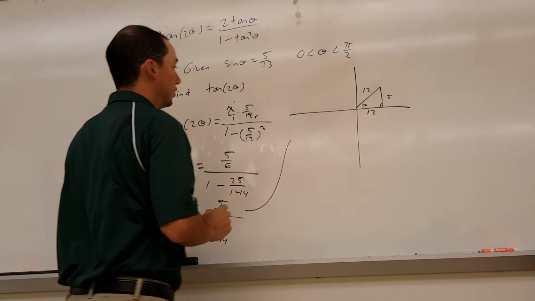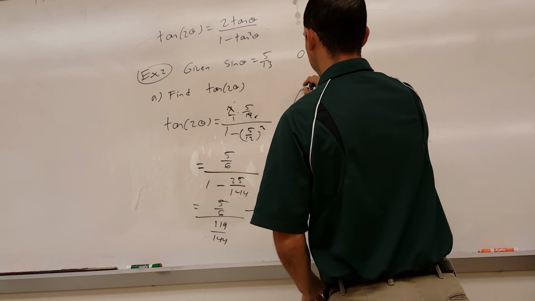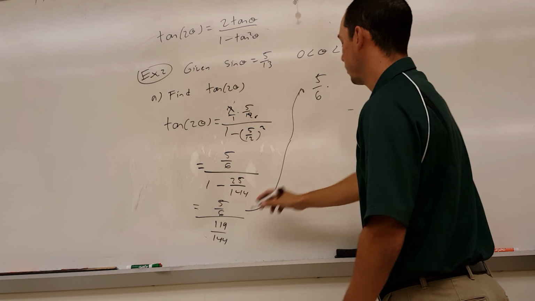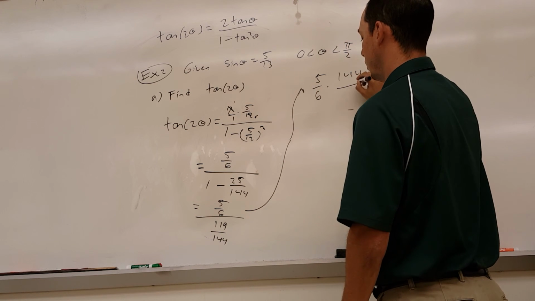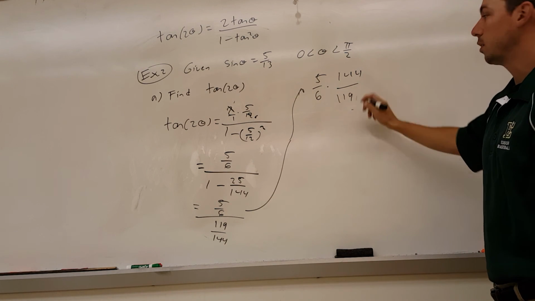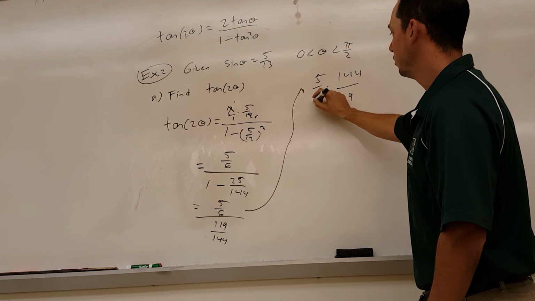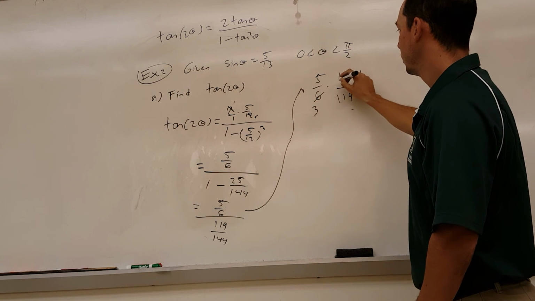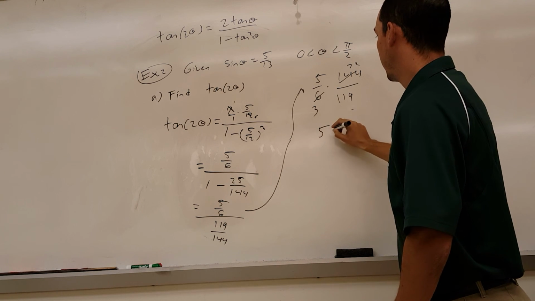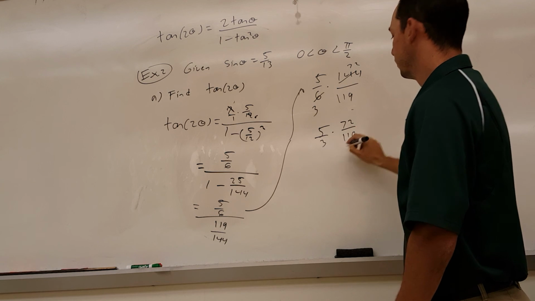Let's go over here, erase this triangle. We don't need this triangle anymore. Fraction divided by fraction, keep the numerator, multiply by the reciprocal, 144 over 119. Okay, let's reduce while we can right now, make this easier. 144 and 6 are both divisible by 2. There's a 3 and this makes it a 72. 5 over 3 times 72 over 119.